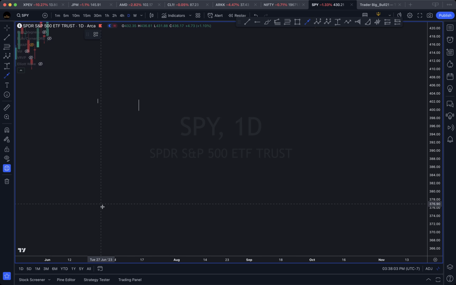Let's say price is going like this, going up, going lower, going higher, and then lower here, and then going higher again, going lower, made new highs, and then went sideways a little bit, and then made new lows here.